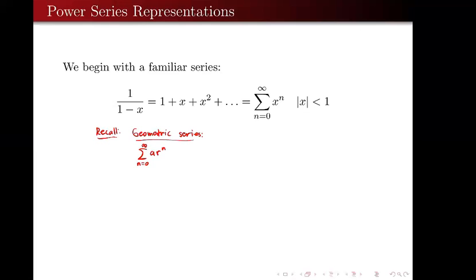Or maybe you know this as sum a r to the n minus 1 from 1 up to plus infinity. But we will use this part here. Now, this is convergent if the absolute value of r is less than 1.